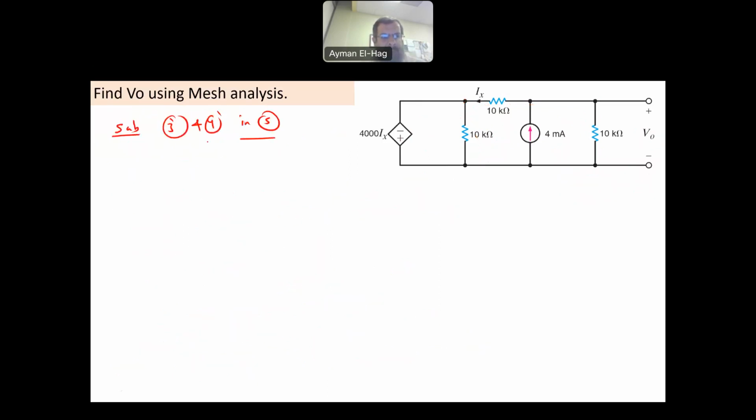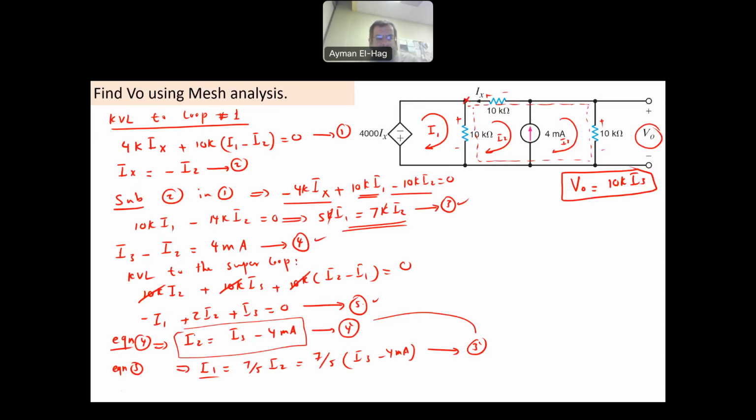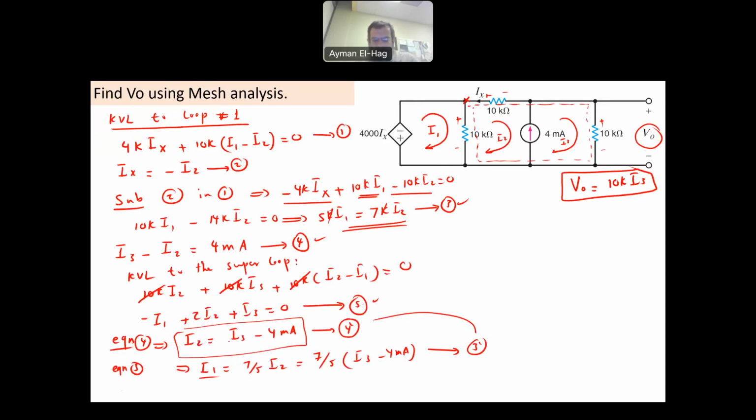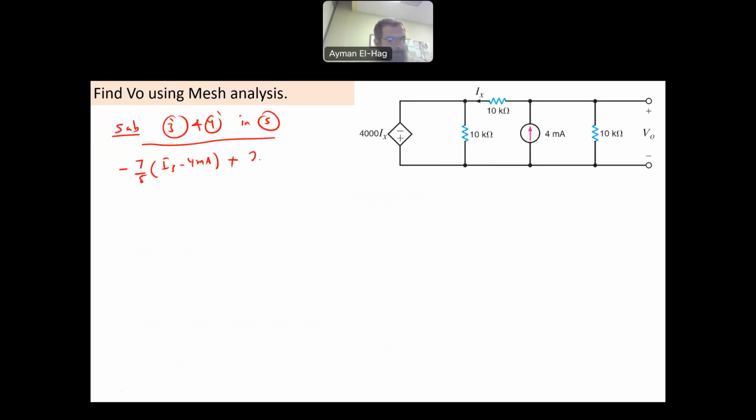In equation number 5, we will have first minus I1, and I1 is equal to this, so it becomes minus 7 over 5 times I3 minus 4 milliamp, plus 2I2, so it is 2 times I3 minus 4 milliamp, plus I3 equal to 0.